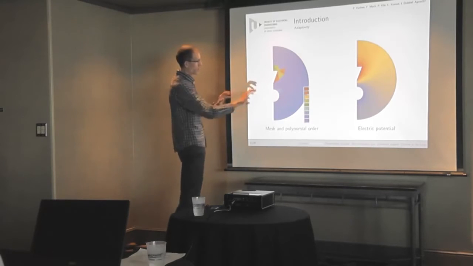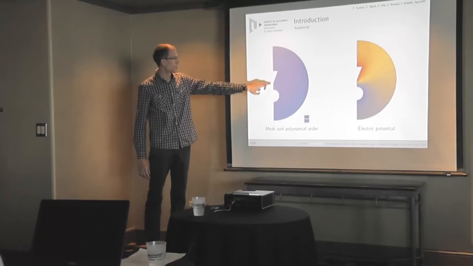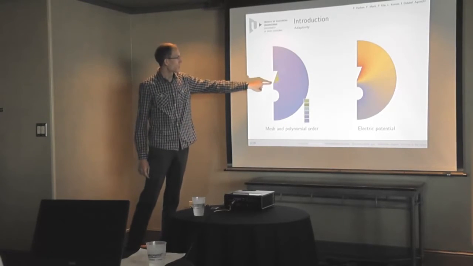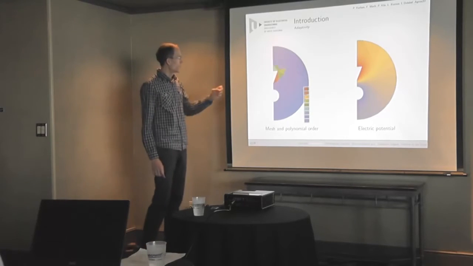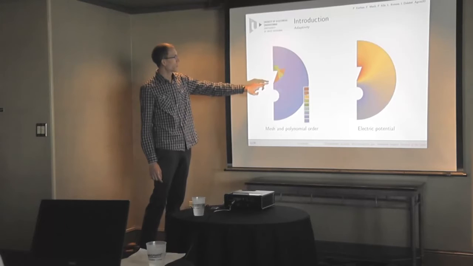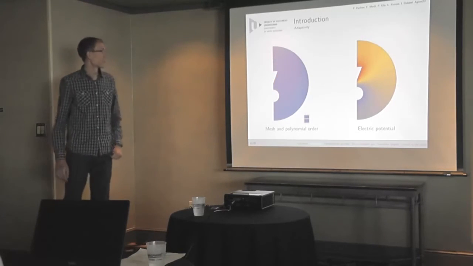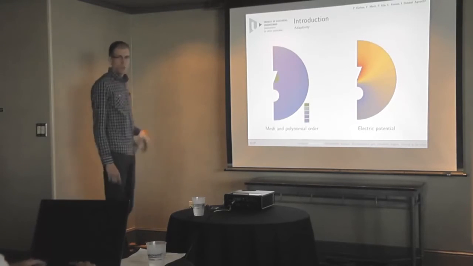One is a sphere, and the second is a pointed shape. And there is a singularity here at the sharp edge. So we need to resolve it exactly, and that's done by the hp adaptivity here. Okay.